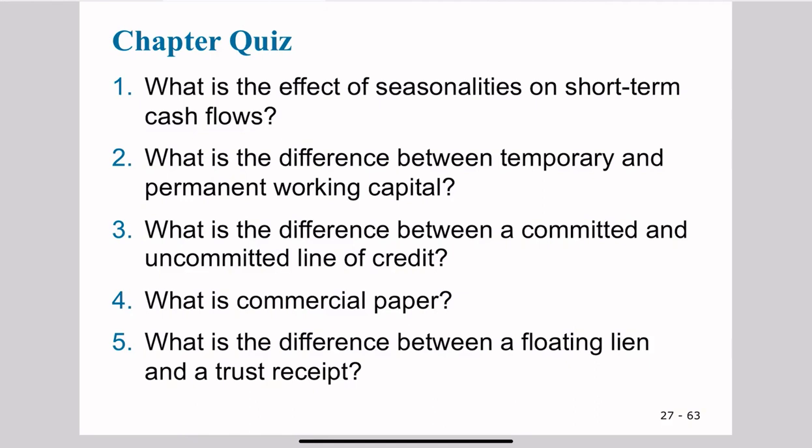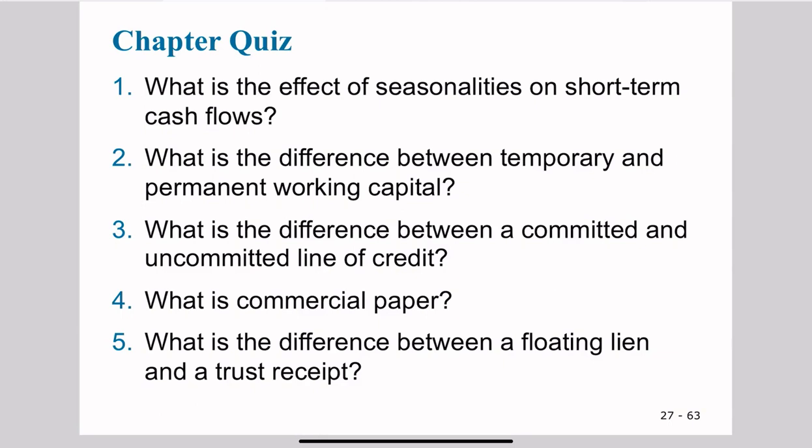Then uncommitted means that the bank is not committed. That is, it is not legally binding to provide credit to the firm. What is a commercial paper? So commercial paper is short-term unsecured debt issued by large firms.